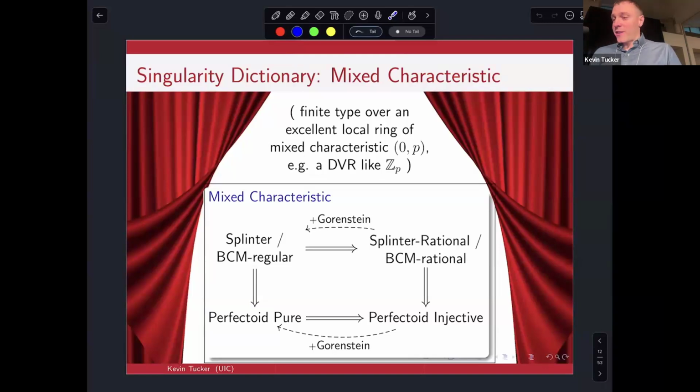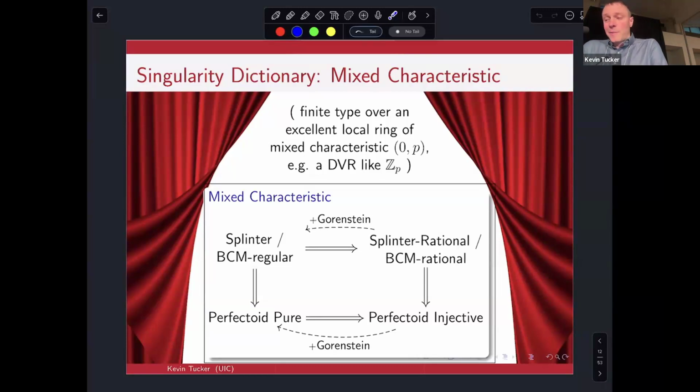Before I go on to the next slide, let me say a little bit more about my terminology for the rest of the talk. Whenever I say mixed characteristic, it means I'm working with finite type over a nice local ring of mixed characteristic (0, p), something like Z_p, where the characteristic of the ring is 0 but the residue field characteristic is p.